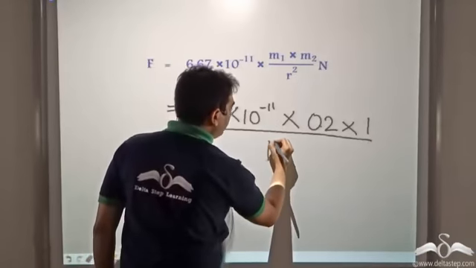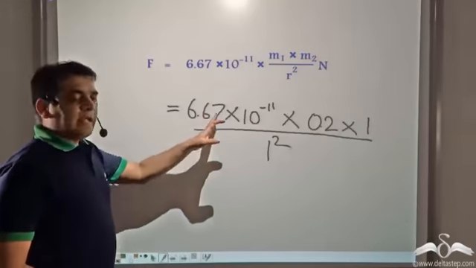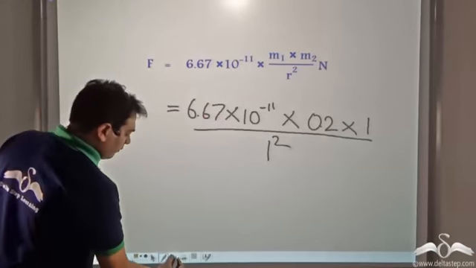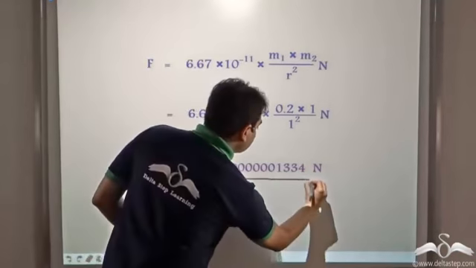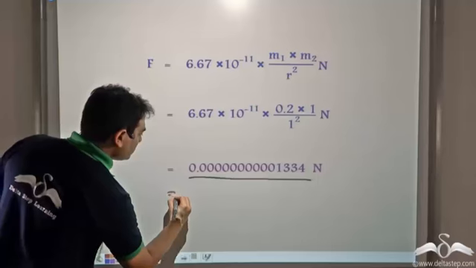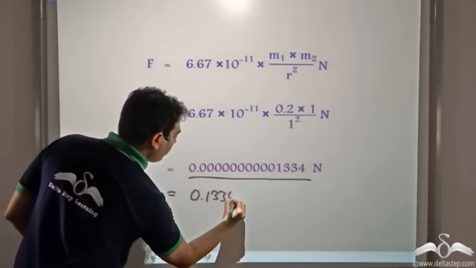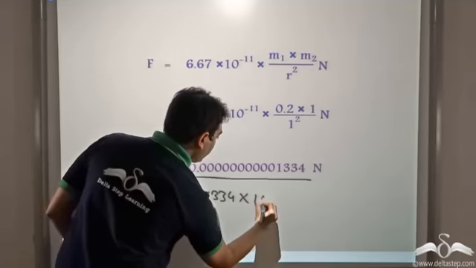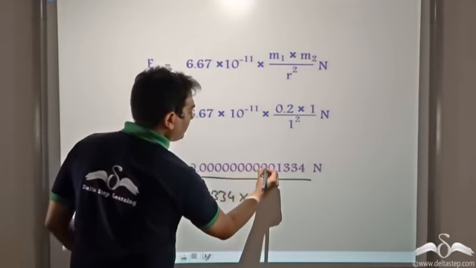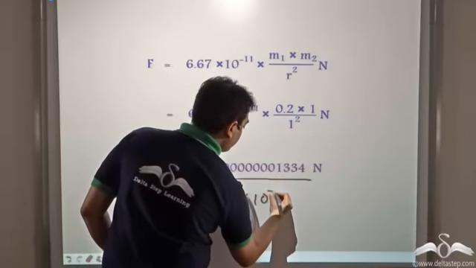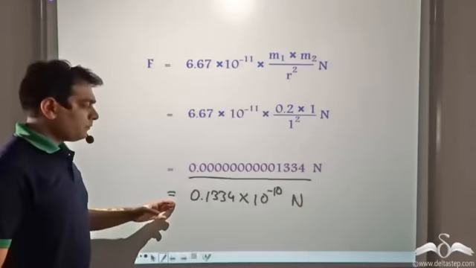We've assumed it to be 1 meter, so 1 square. And if we calculate this further, what we would get is F is equal to 0.1334 into 10 to the power minus 10 Newton.